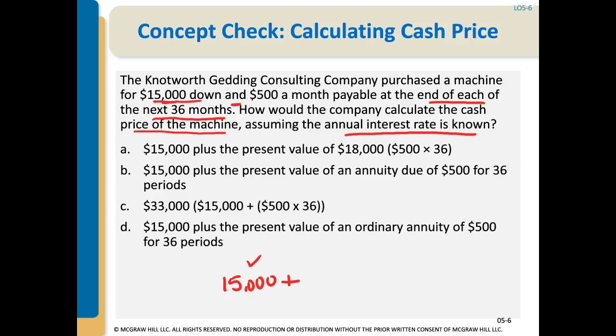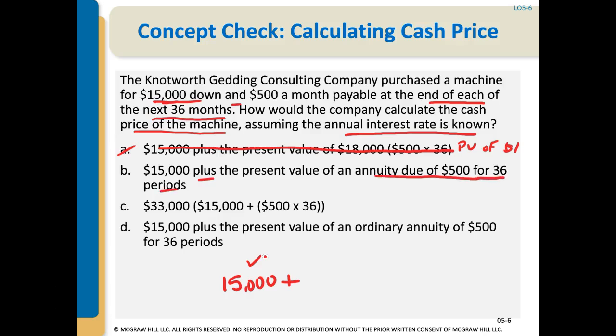So that rules out the 15,000 plus the present value of $1, because that's not what we're doing. Next, $15,000 plus the present value of an annuity due of $500 for 36 periods.